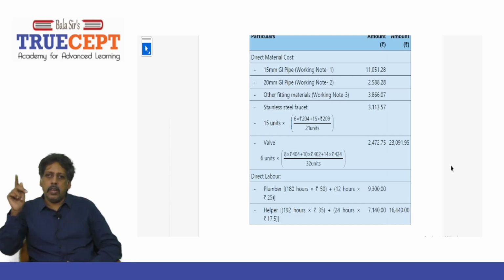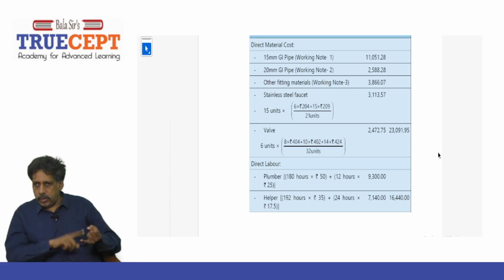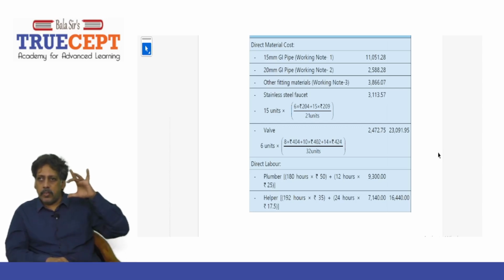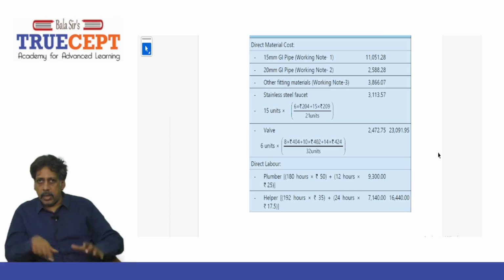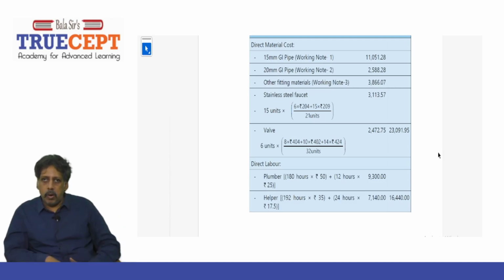Now let's come to the stainless steel faucet. There is an opening balance of units. How many units are issued on 30th August? 15 units issued, sir. So that's why 15 units multiplied by the average cost of all the units bought. I have an opening balance of 6 units at 204 plus one purchase of 15 units at 209.